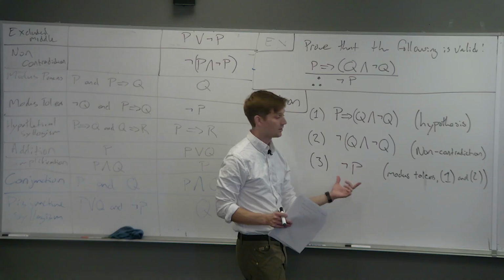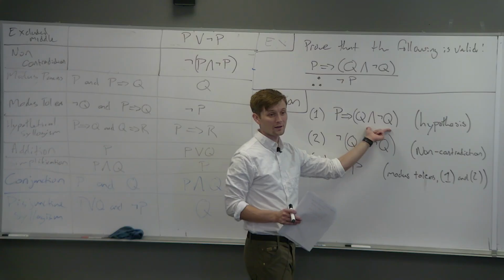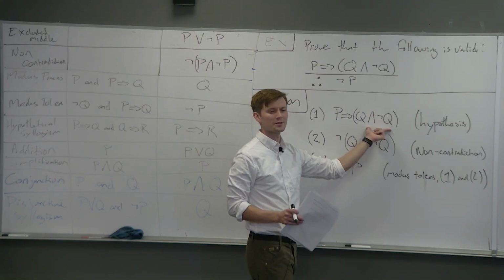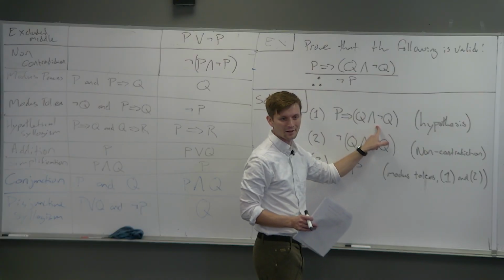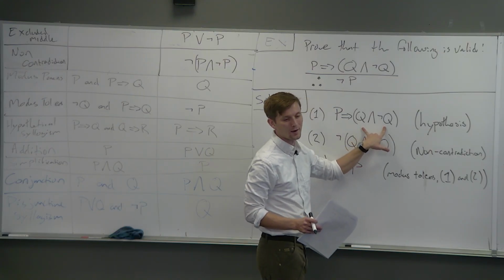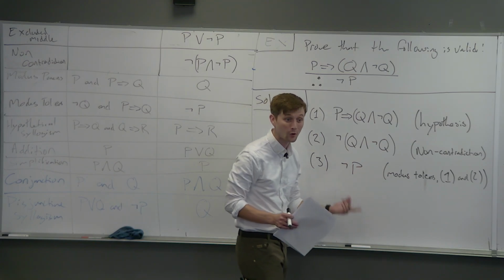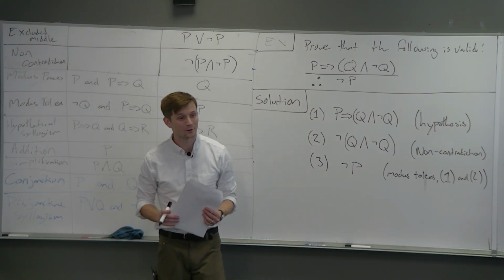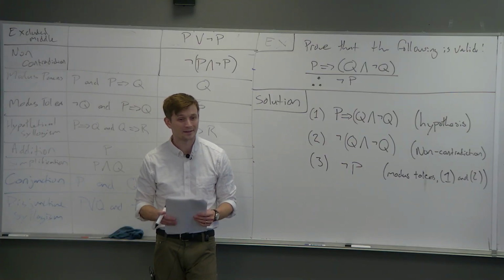So from the law of non-contradiction, we produce the not-conclusion, the part to the right of the arrow. So once I know P implies thing and not thing, I get not P via modus tollens, because modus tollens tells us P implies Q, and not Q implies not P.